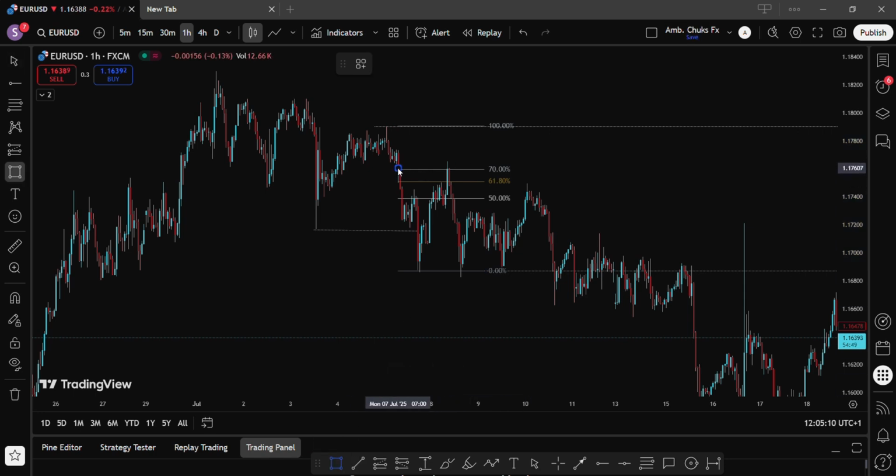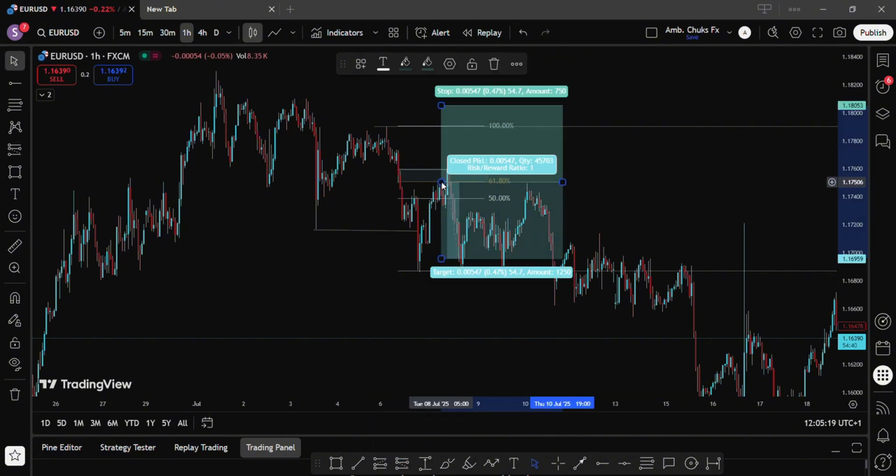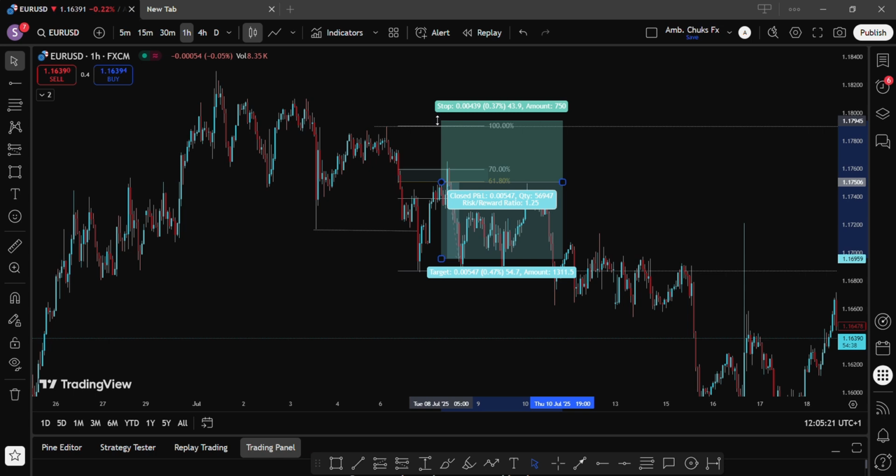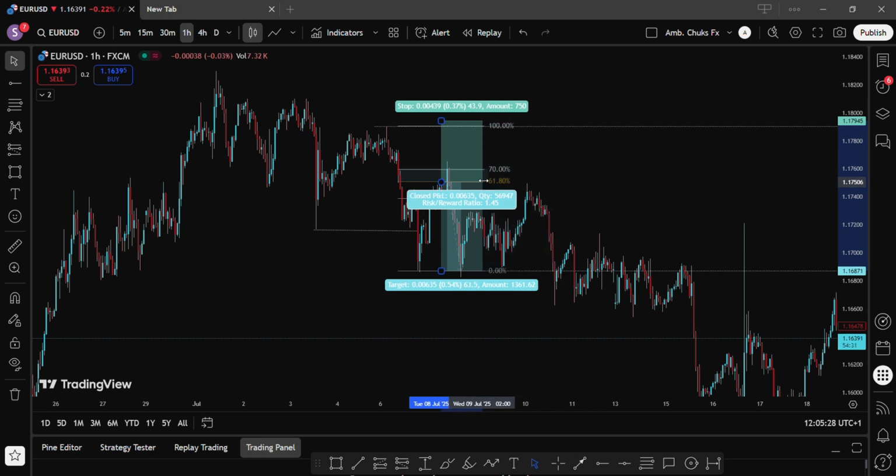He will mark this zone. Once he marks it, he will set his pending order there. Put stop loss above that low, knowing fully well that price cannot come there. Then put TP at the order high. This is how he trades.